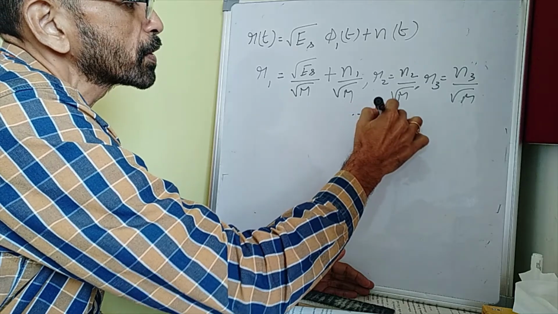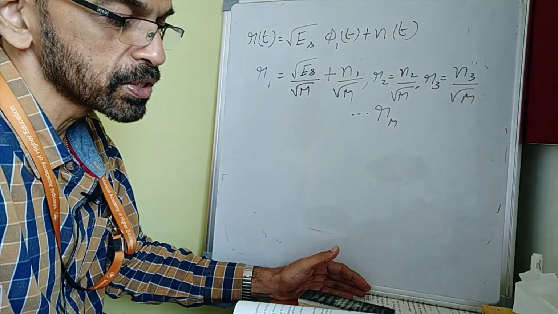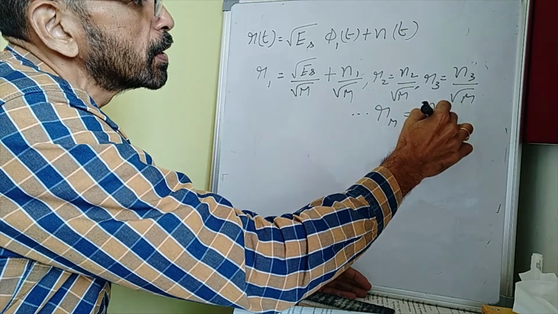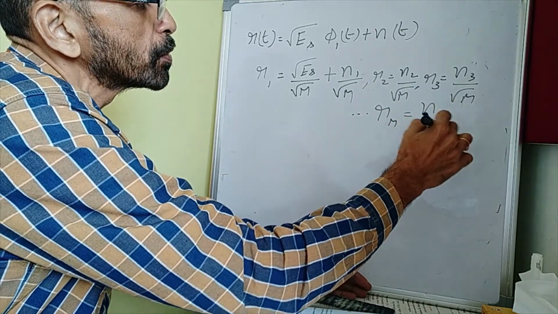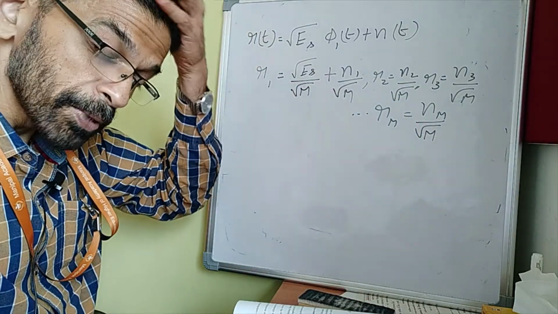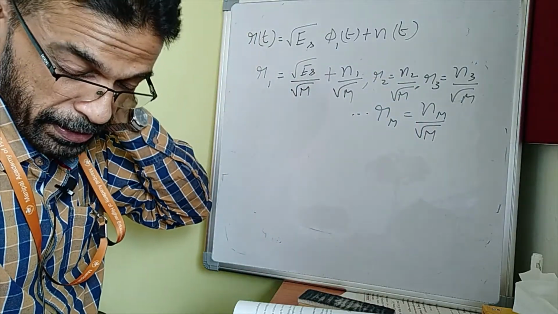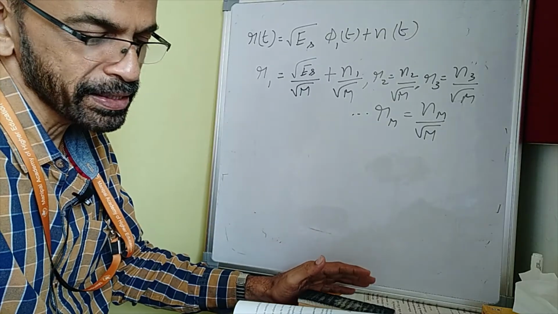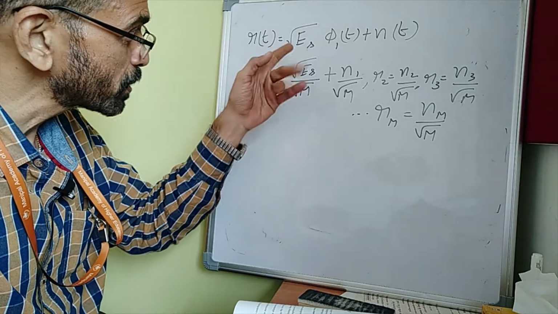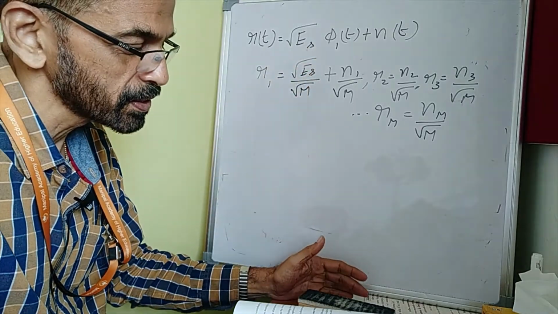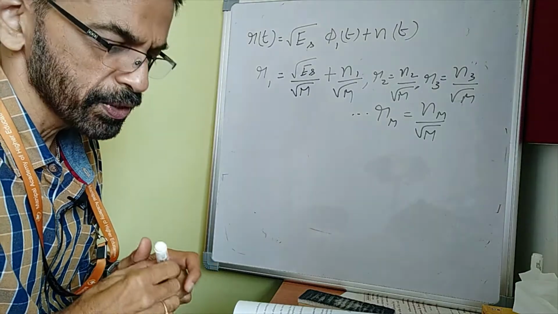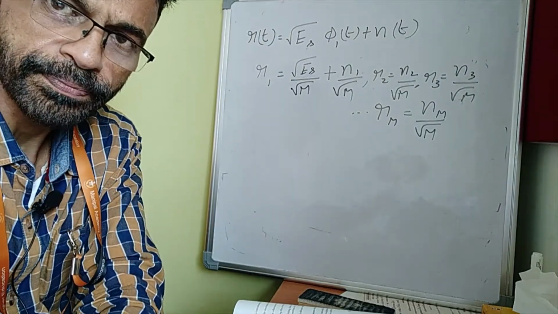RM will be, in general, NM by root M. In the previous video, towards the end, I had generalized it, so I am continuing with that generalization here, except that I have assumed that the transmitted signal is S0(t). That generalization we will do in a short while once we complete this discussion.